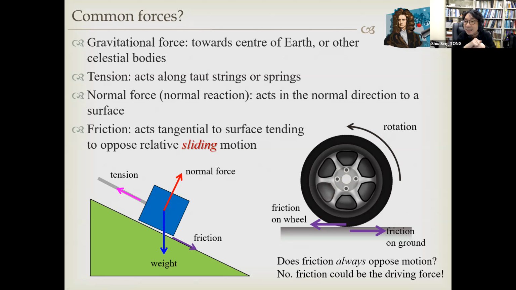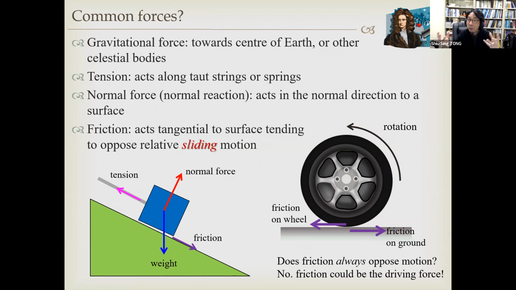Can you see that? So this forms an action and reaction pair in Newton's third law. The tire rubs on the ground, producing a friction backward, but the ground also produces opposite friction on the wheel, pushing it forward. It is the frictional force acting on the wheel that propels the car forward.